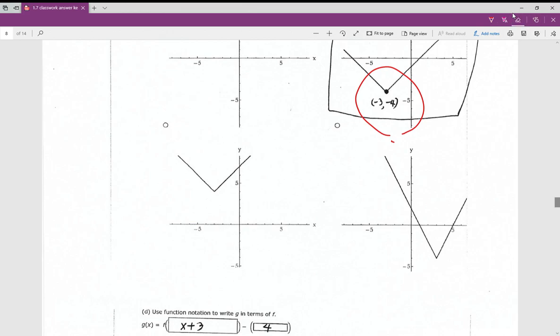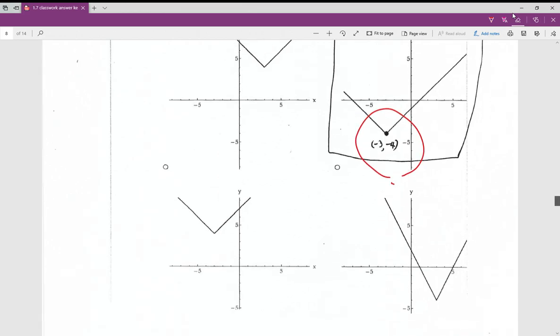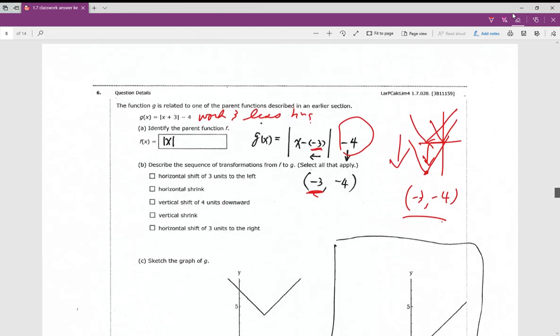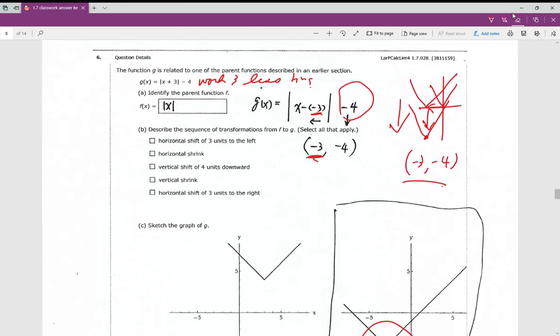Now, how do you write down the new function? So if the original function is f of x, this original function is y equals f of x.